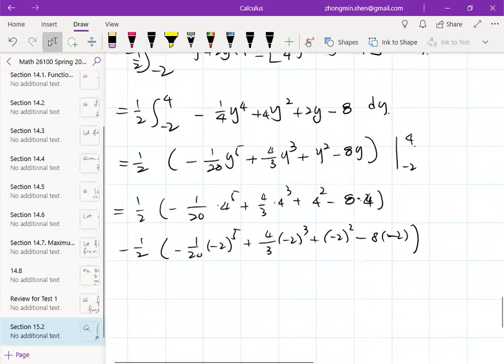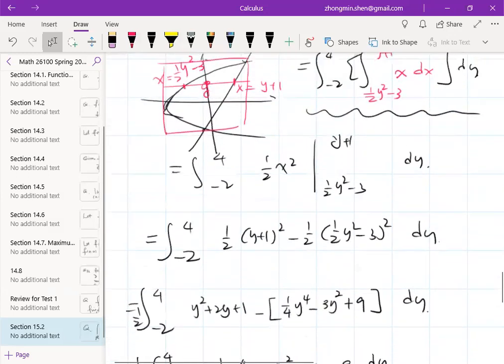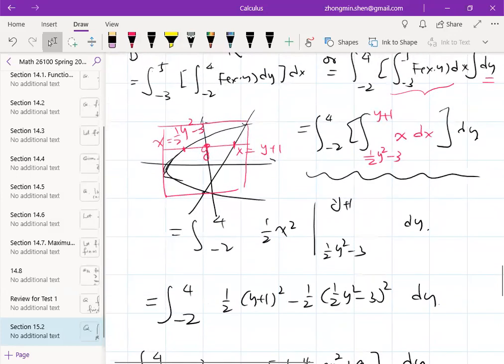Those 2 examples I showed you have only a unique choice for the iterated integrals. Like for the second problem, the dx should be inside, dy should be outside.